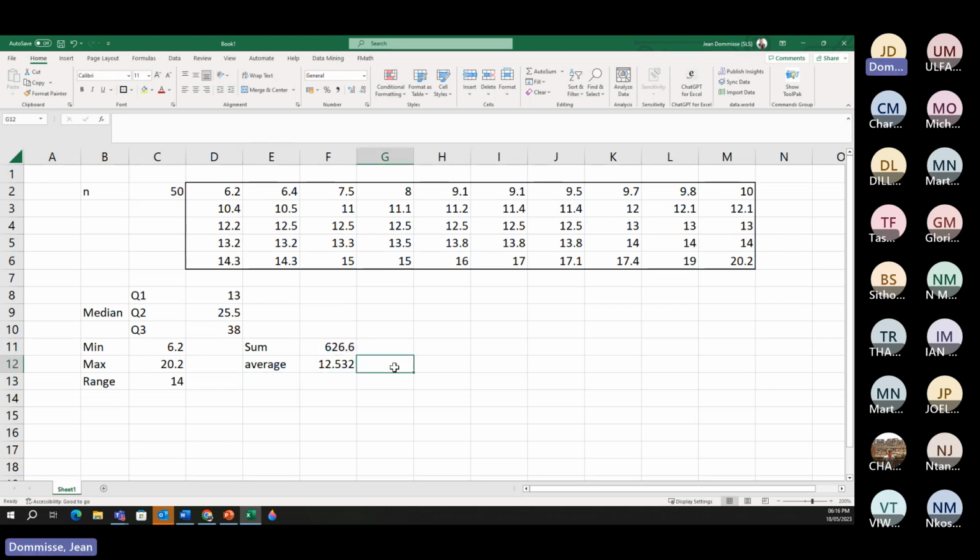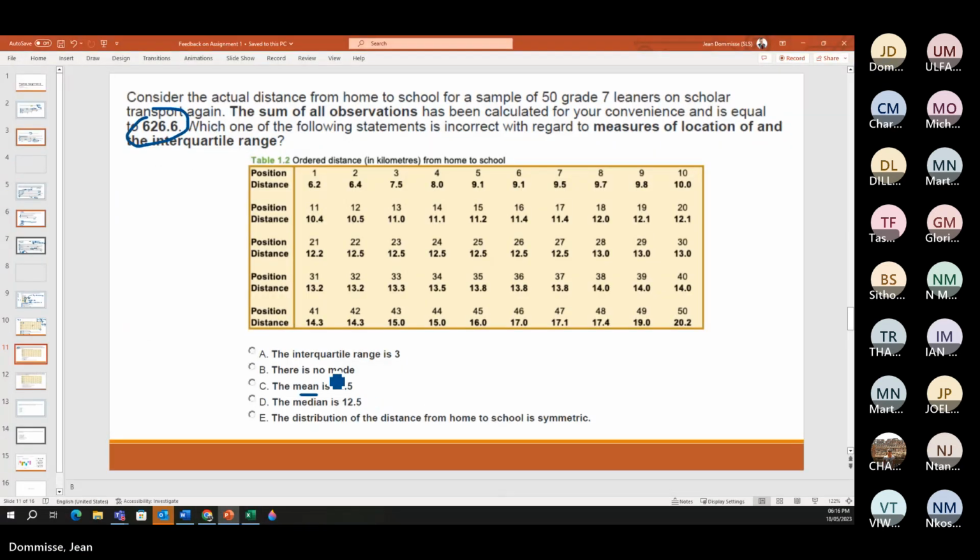Another way to get the average is just to use the average function on all your data, and it will give you the same answer. Okay, so the average is 12.5. So the mean, the average, was 12.5. That one is at least easy with what they've given us to work out. They will never ask you to add all of those together to work out the mean. It will just not happen.